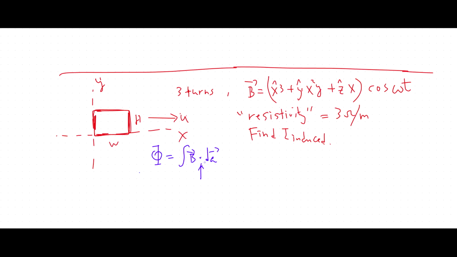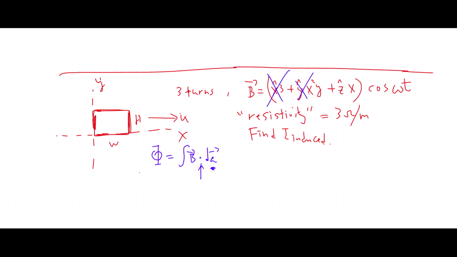Okay. So that means you pick out the components. Let's look at the area. What is the direction of my area? Either in or out, right? It's perpendicular to the screen. That would be either plus or minus z. That means when I do the dot product, I don't have to look at the X components or the Y components. I only pick out the Z components.